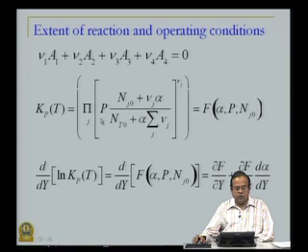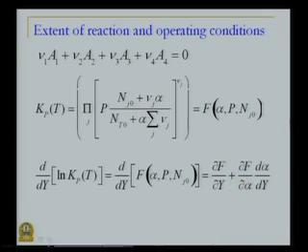Slight algebraic manipulation of this gives us, that is, we take the derivative of this function with respect to any operating condition y. Y can be any operating condition: temperature, pressure, or even the moles and so on.